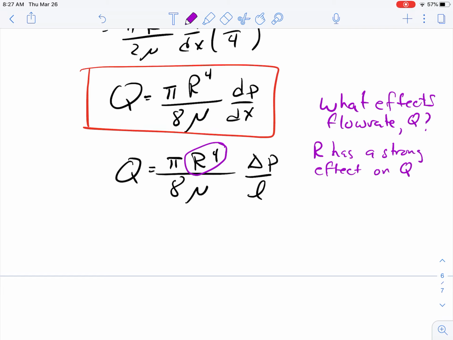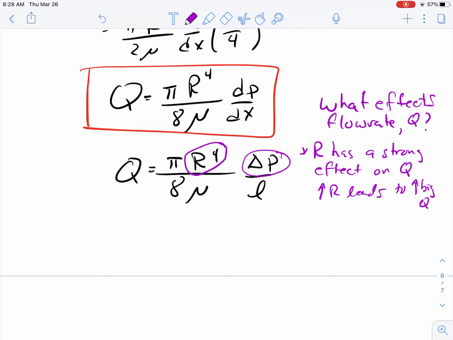So the strongest effect on flow rate is the radius. An increase in R leads to a big increase in Q.